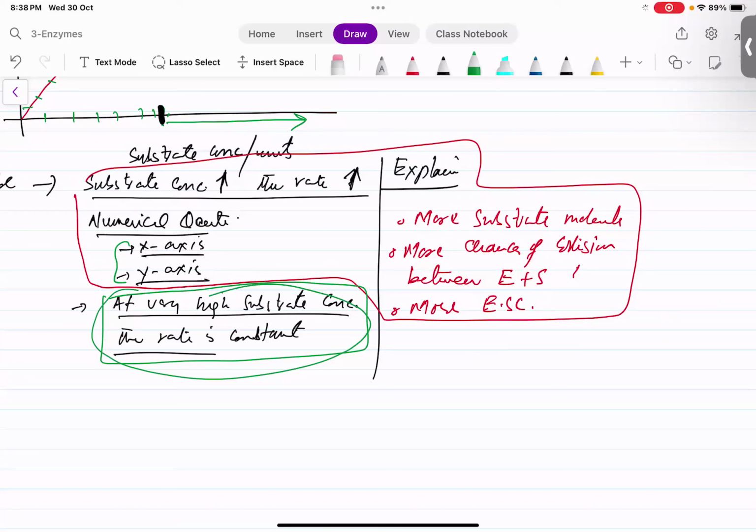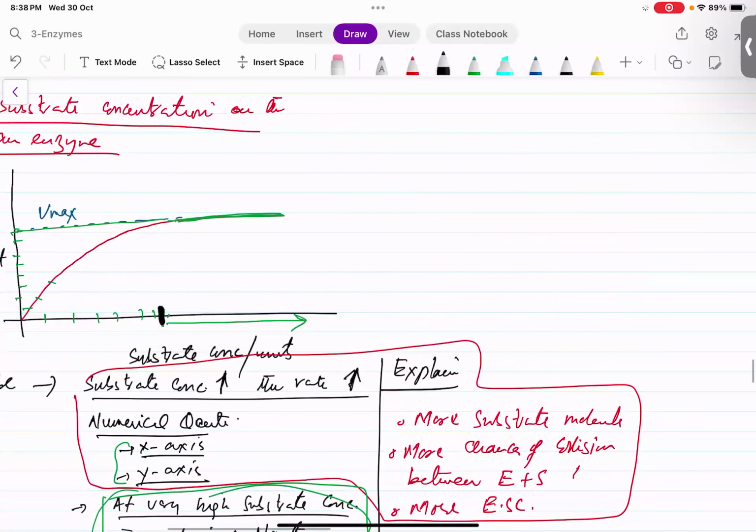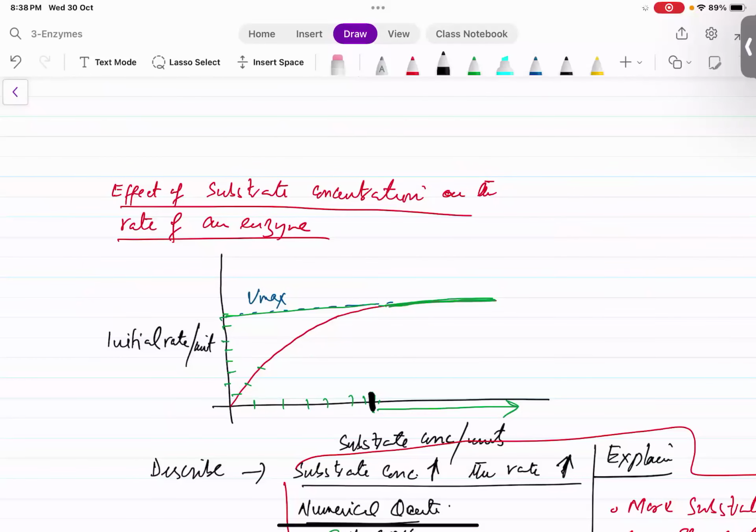The reason being, at very high substrate concentration, when this Vmax is achieved, so you see at this Vmax, 100% of enzymes are involved in ES complexes.